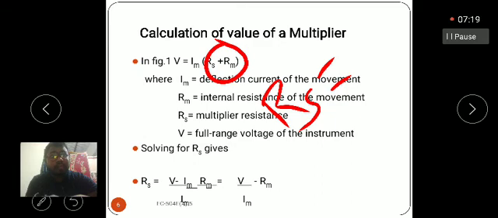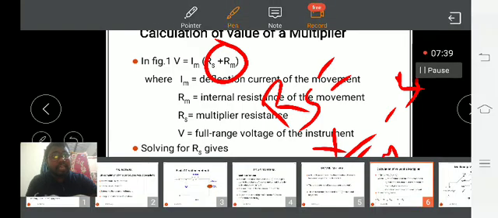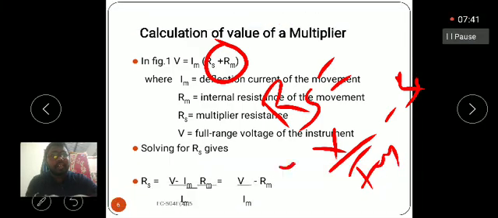Rs plus Rm is equal to V by Im, and here we have Rs plus Rm. Then separating the Rs, Rs is equal to V by Im minus Rm. That is how we get Rs is equal to V by Im minus Rm.